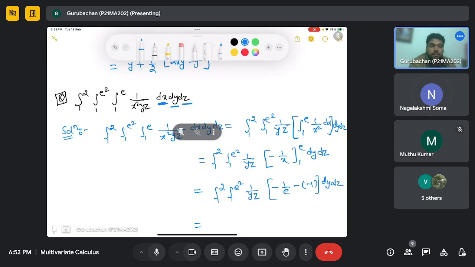Then we have to integrate with respect to z. There is no rule, because here we have constant limits. So we can separate the x terms, y terms, and z terms, integrate them if possible, and then multiply.